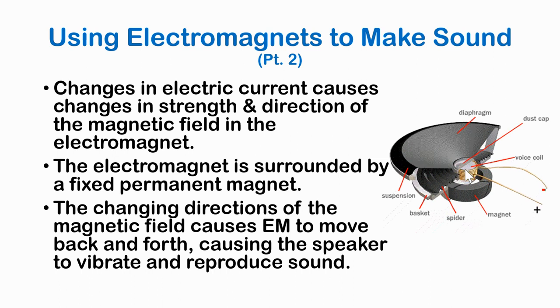It's suspended by this basket and this paper cone right here. When the changing directions of the magnetic field cause the electromagnet, that's what EM stands for, to move back and forth, it causes the speaker to vibrate and reproduce sound.